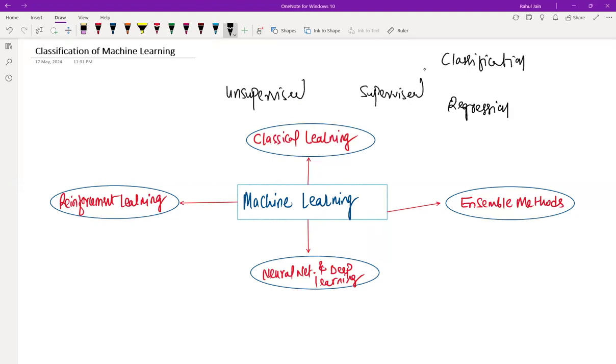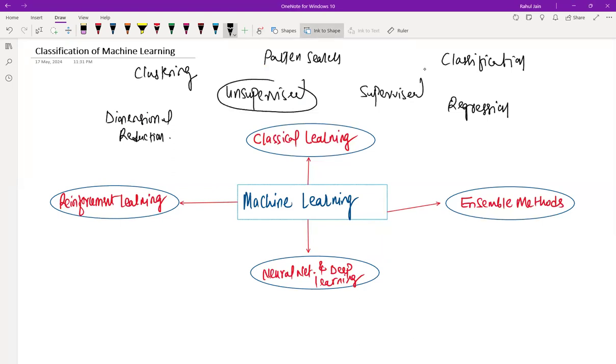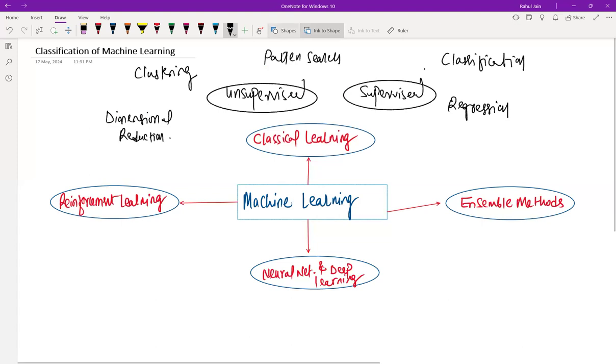In unsupervised learning, we can say it is either clustering, pattern search, or a dimensionality reduction algorithm, because this will make your study easier. So one is unsupervised, the other is supervised.